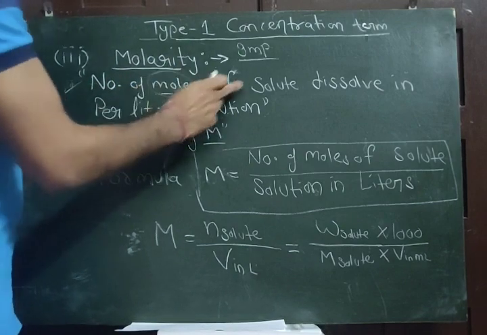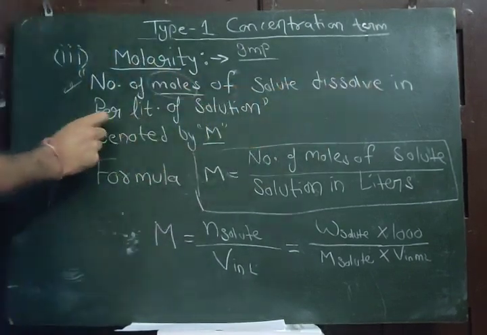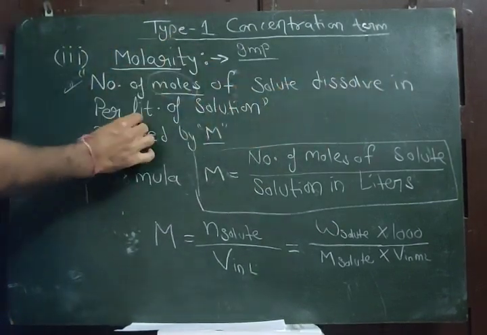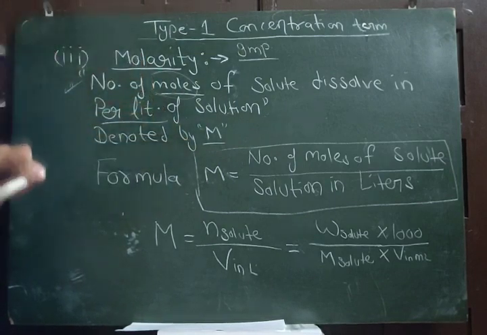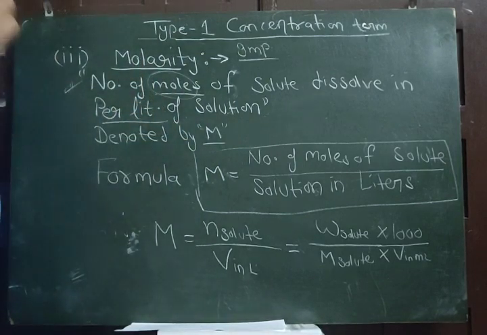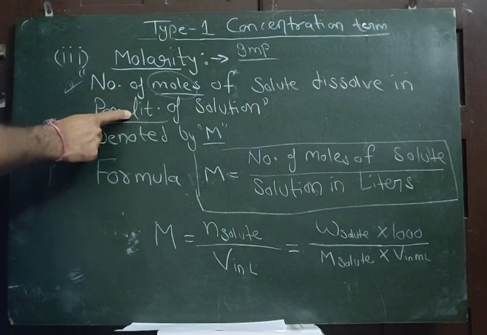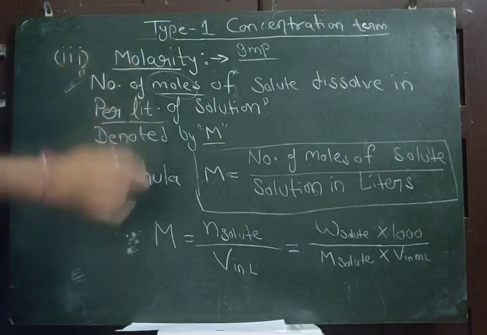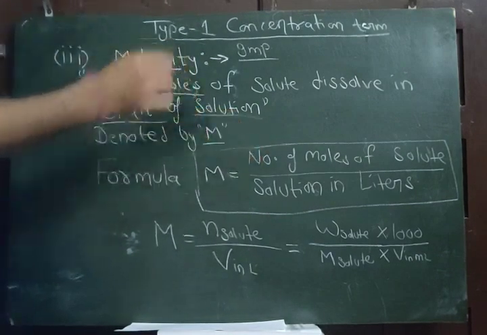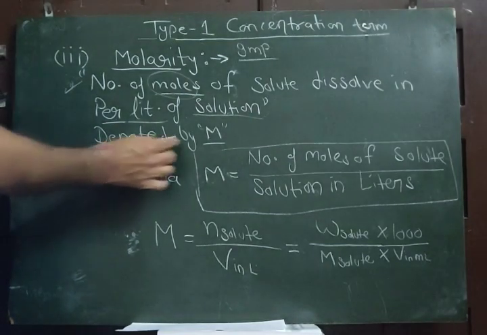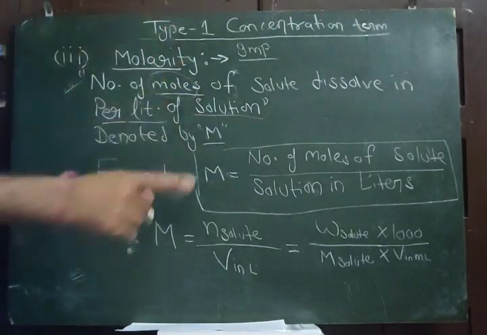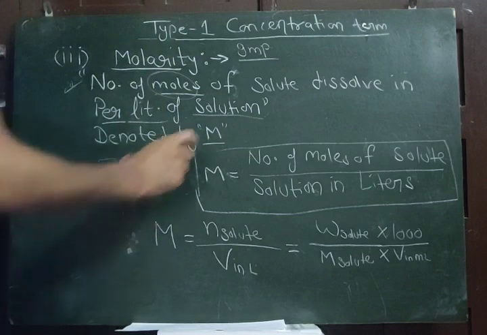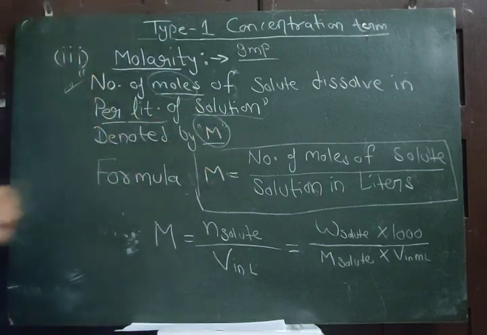So the number of moles of solute dissolved per liter of solution. Per liter means we have to take the volume, the solution's volume. It is denoted by capital M.